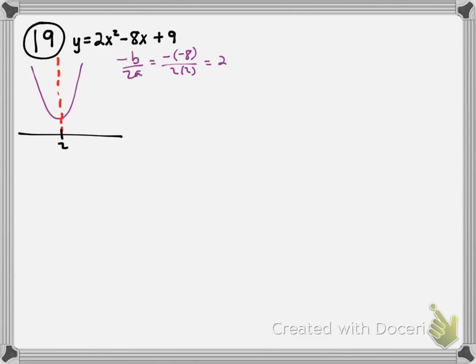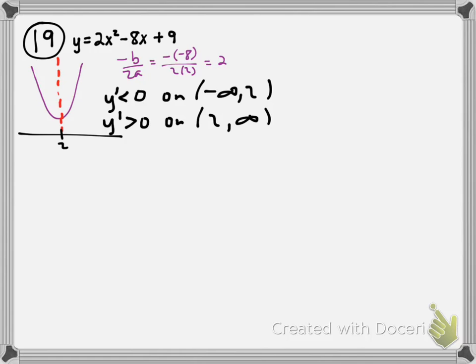What we do know, though, is that y is decreasing, or y prime is negative, on the interval from negative infinity all the way to 2. And we know that y prime is positive on the interval from 2 to positive infinity, and y prime equals 0 when x equals 2.